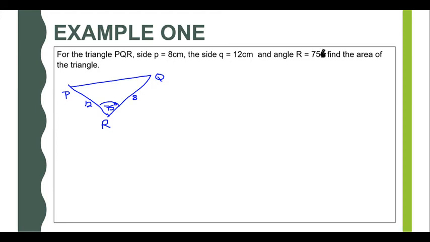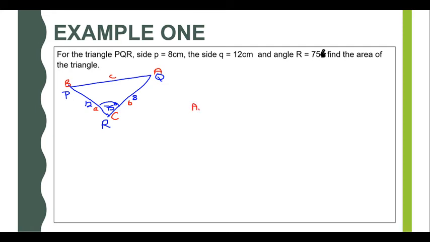We're asked to find the area, so we're going to use our area formula. But firstly, we'll label our triangle. So the two sides that we know, sides a and b, and the angle between them is angle C. So now we can use our area formula.